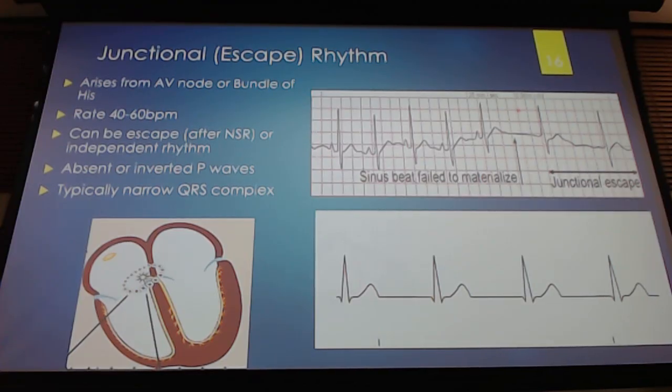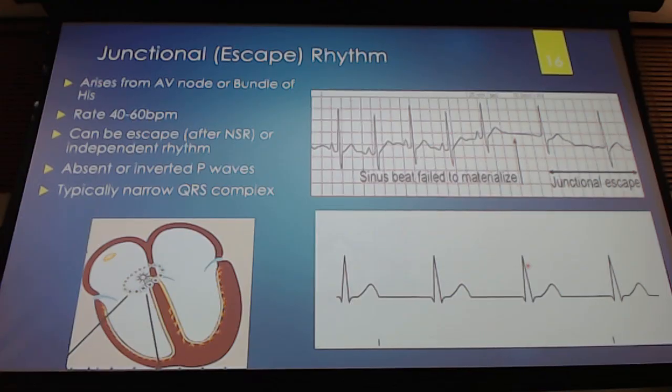The atria didn't fire either. And how do we know the atria didn't fire at all? Because we have no P. There are no P waves associated with this rhythm that then develops after this normal sinus rhythm. So something has happened, the SA node failed to fire, so the next area took over, which is our junctional area.